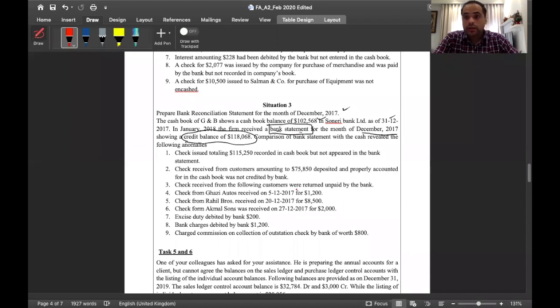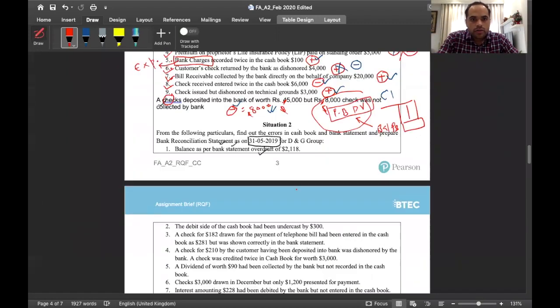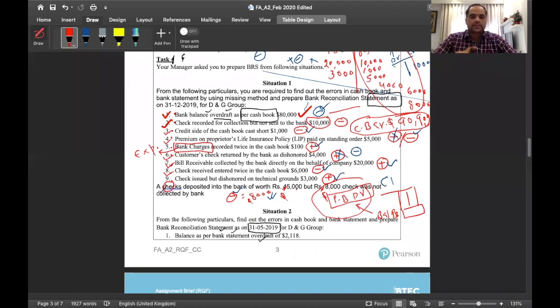Hey, teacher. Yep. Can you please explain for me transactions 5 and 6 again? Transactions 5 and 6, okay. Bank charges recorded twice in the cash book. So we have the cash book and the passbook.